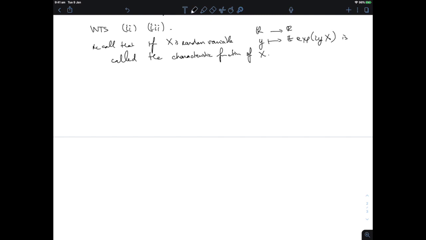But accepting this fact that distributions are characterized by the characteristic function, in order to show 2, we need to show that the expectation of exponential i y (x_t2 minus x_t1) is exactly equal to exponential minus 1/2 y squared times (t2 minus t1).